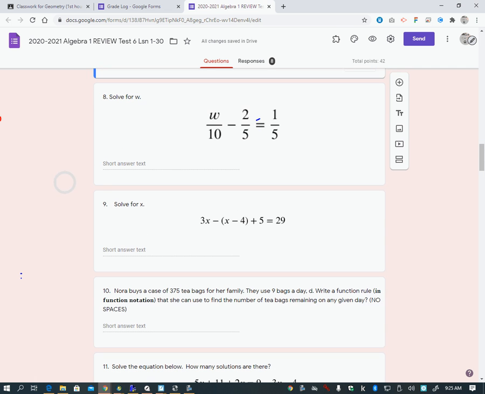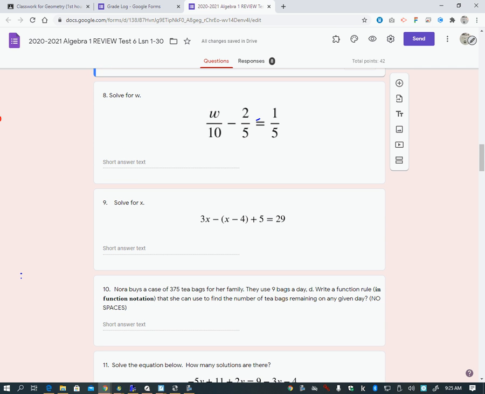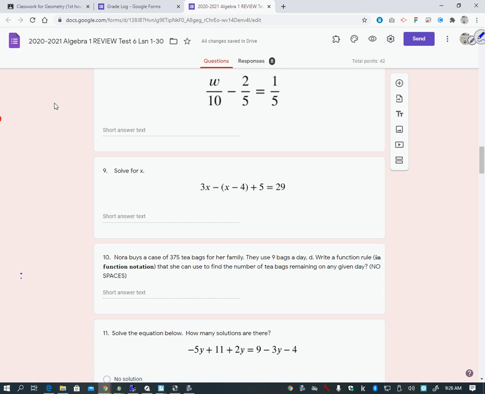All right, question number 8. I don't know if I've showed this to this class. Is there any way to get rid of all of those fractions? Multiply all of them by what? Okay? Multiply all of them by the common denominator 10. Right?